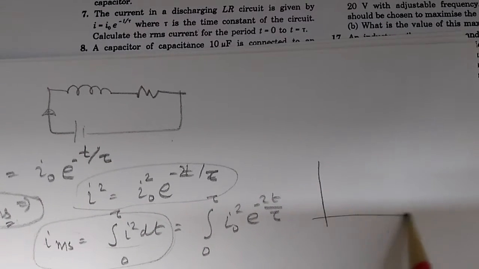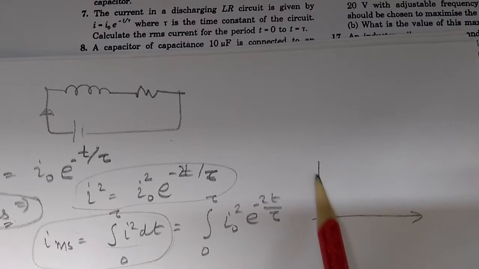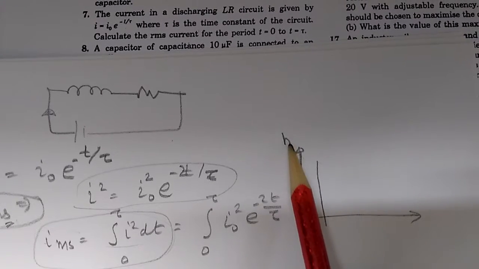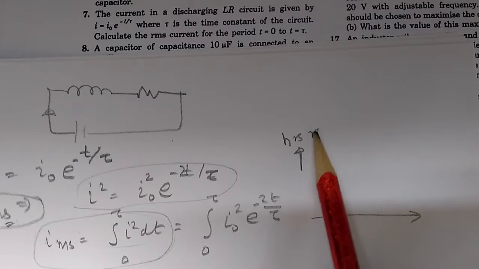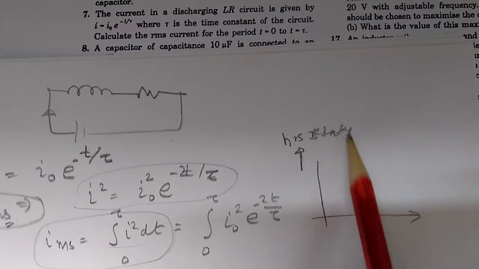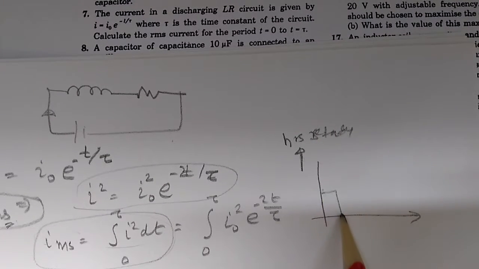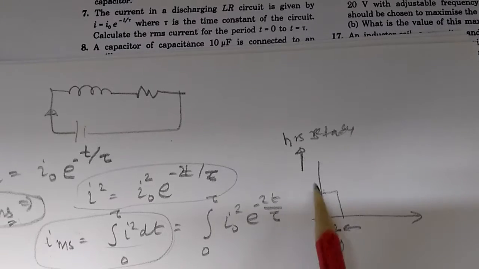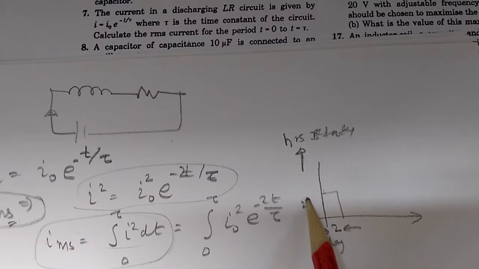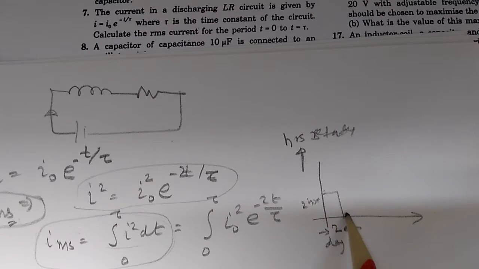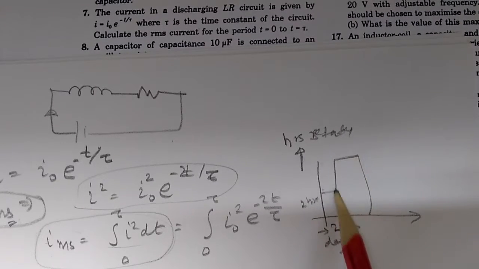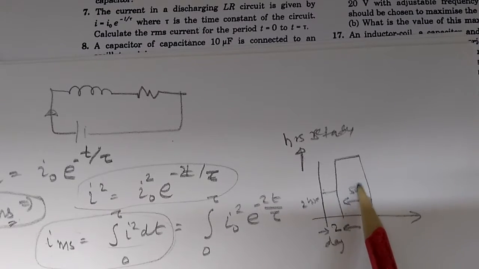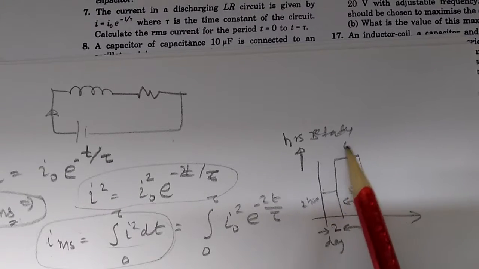Let us say this x-axis is time, and this is the hours you spend studying. Let's say in the first 2 days, which I represent here, you studied only 2 hours. And in the next 5 days, which I draw thicker to represent 5 days, you studied 4 hours.